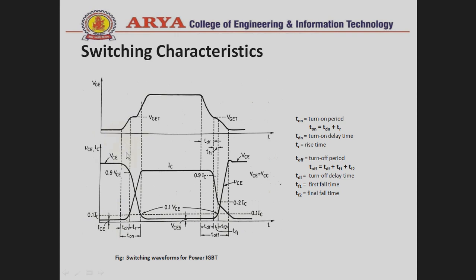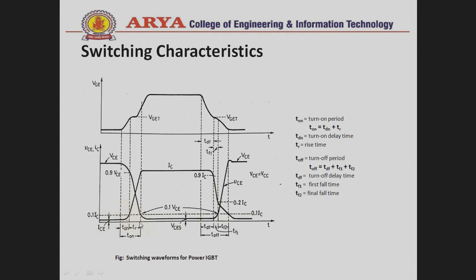During TDN, we can define it as the time for the collector-emitter voltage to fall from its initial value to 0.9 of its value, and the IC rises from its initial value to 0.1 IC.